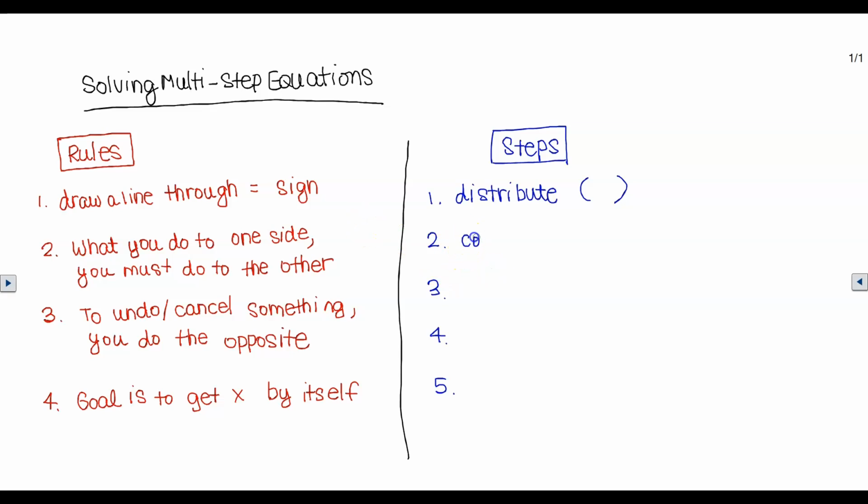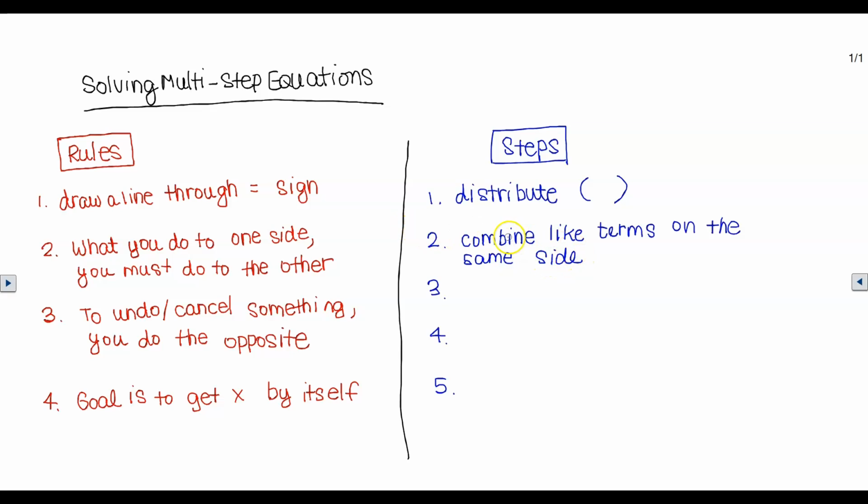Step 2 is to combine like terms on the same side. So those like terms have to be on the same side of the equation.